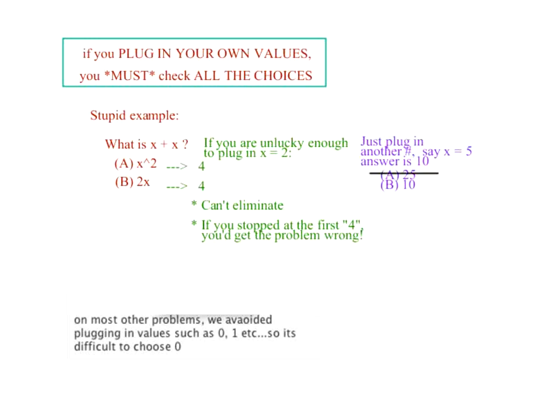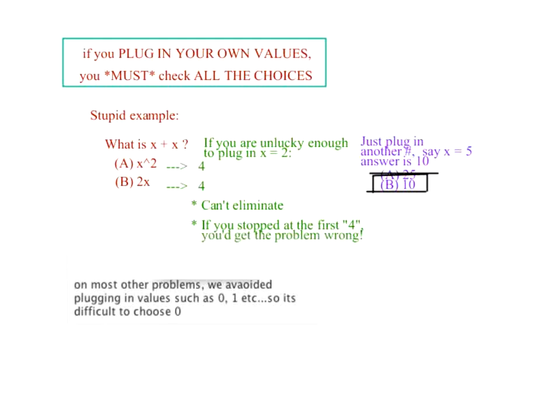So, I mean, it's still a great method. If you have to plug in another choice, then oh well. So the best way to think about this sort of thing is to say, well, if other numbers are easy enough to plug in, then yeah, don't pick 0 or 1.